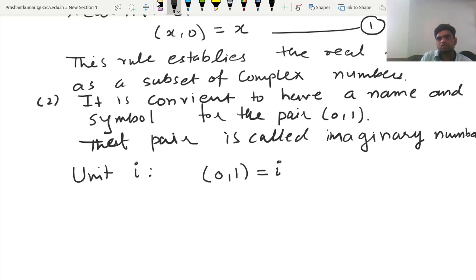So this is the notation: the ordered pair (0, 1) we denote as i, and we call it the imaginary unit. In some places they say i is for iota.